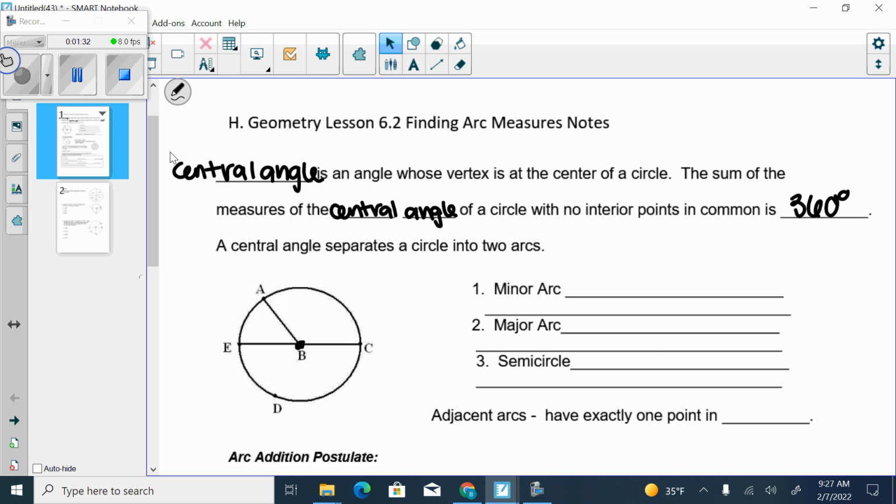The first type you might have is a minor arc. This is going to have a measure less than 180 degrees. It is going to be represented by two endpoints.